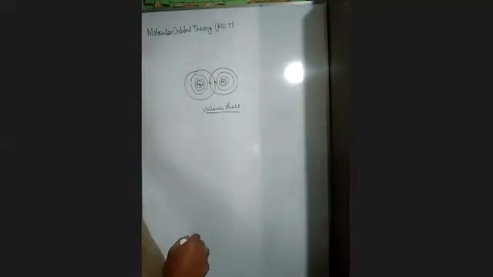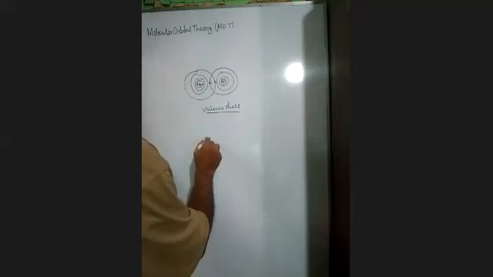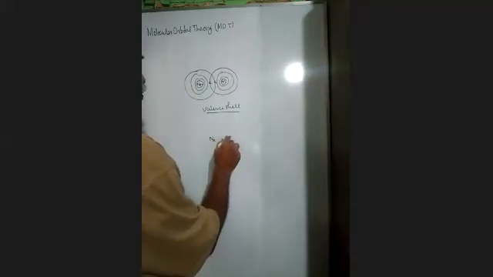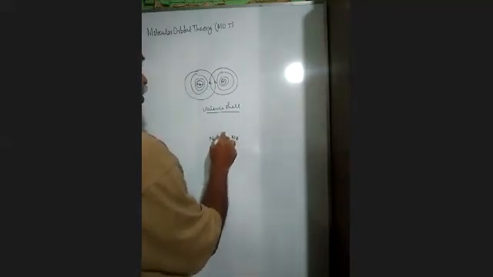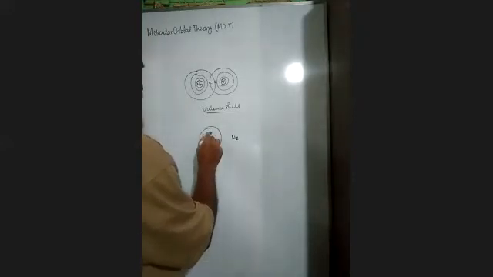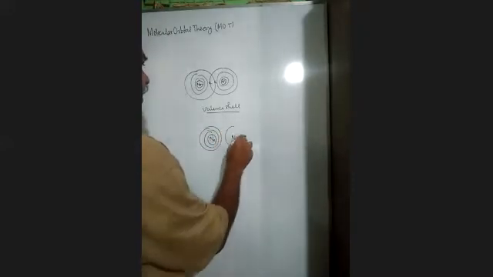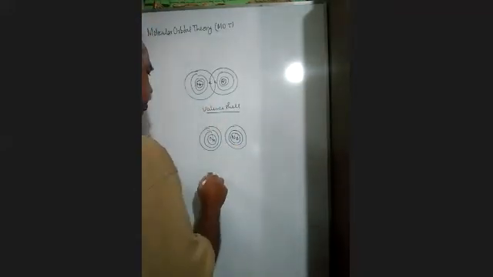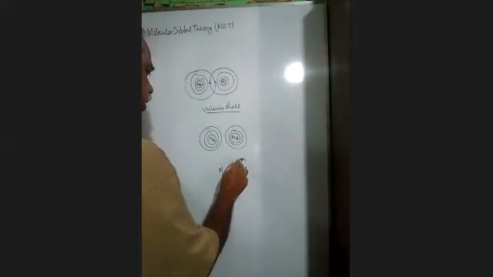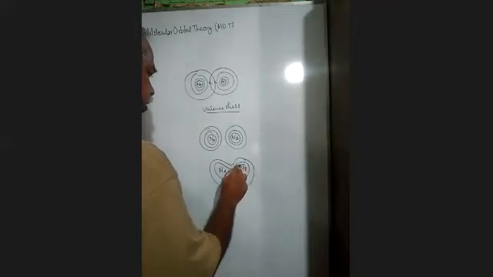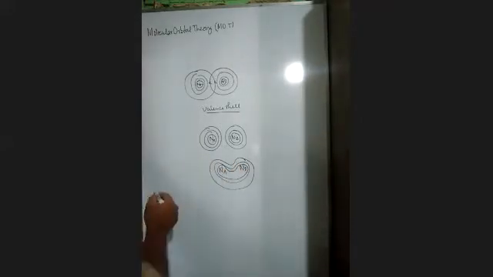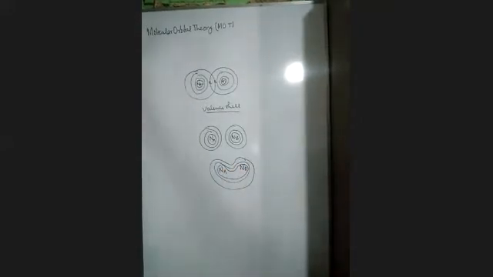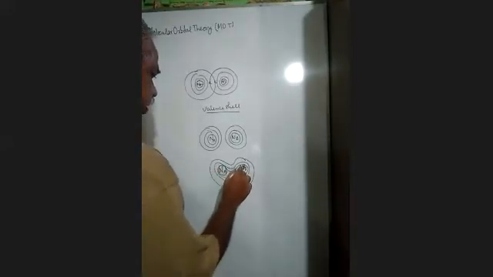In molecular orbital theory, what we say is that all the orbitals in an atom come and overlap with each other, leading to the formation of molecular orbitals.